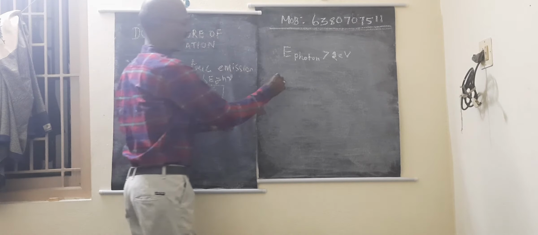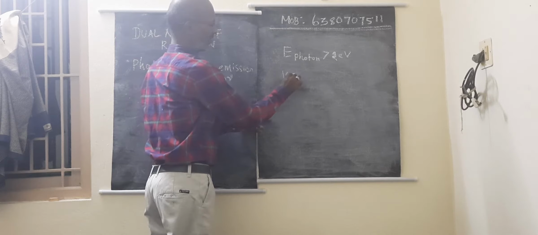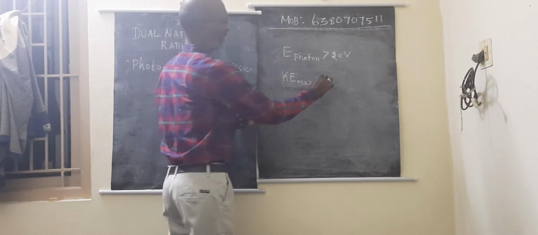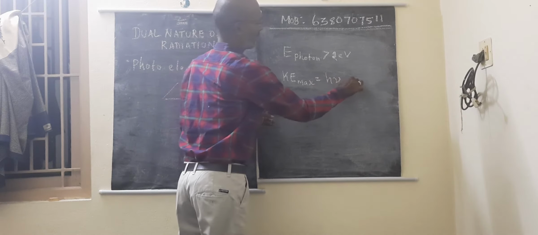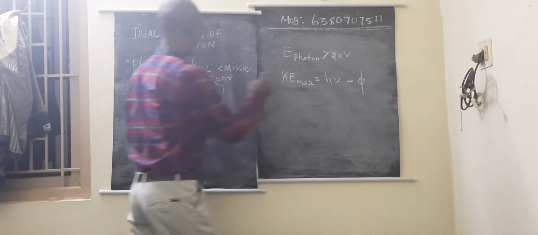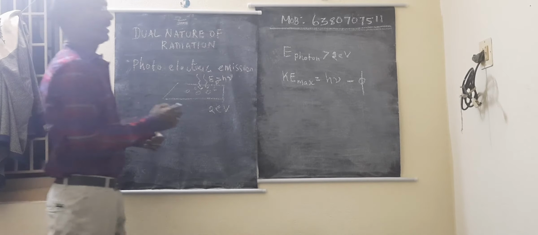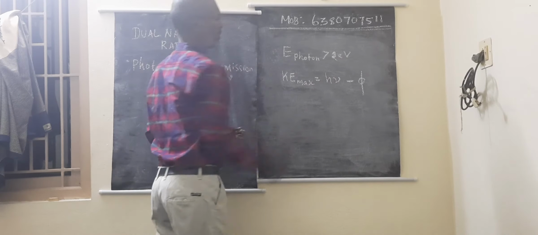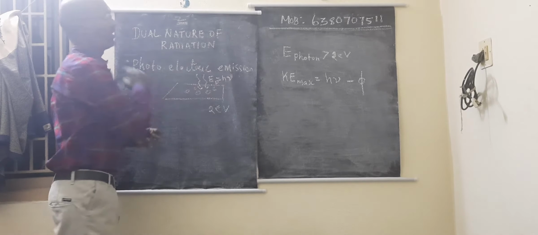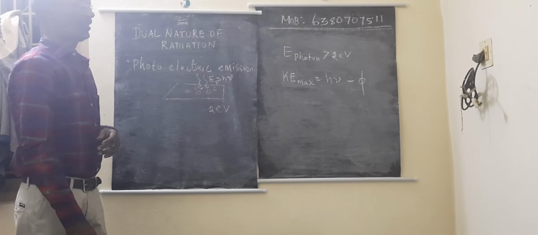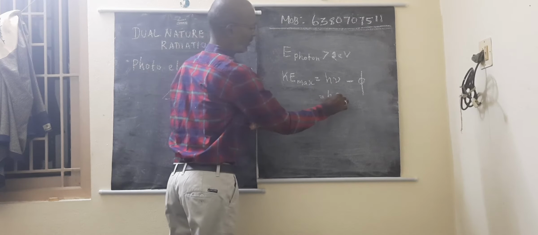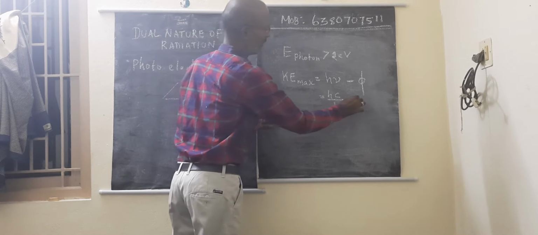That maximum kinetic energy is given by the formula KE max is equal to h mu minus phi. This phi is the work function of this metal, that 2 electron volt. H mu is the energy supplied by the light photon. This can also be written as h mu equals hc by lambda.